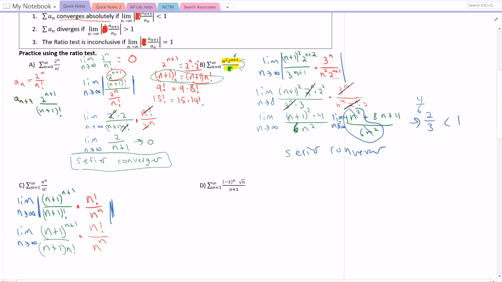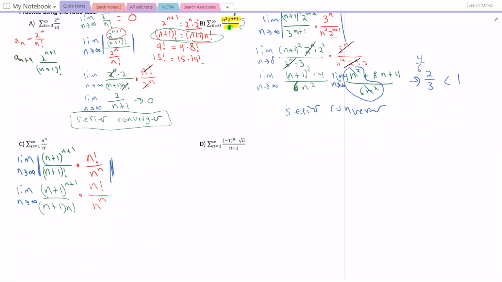I'm trying to think here if I should have simplified this a little bit. Maybe not. So what cancels? Well, the factorials cancel in this case. And, you know what, I think I need to rewrite. But let's go ahead and take it from here, right?